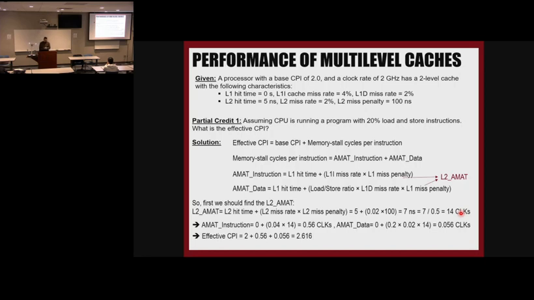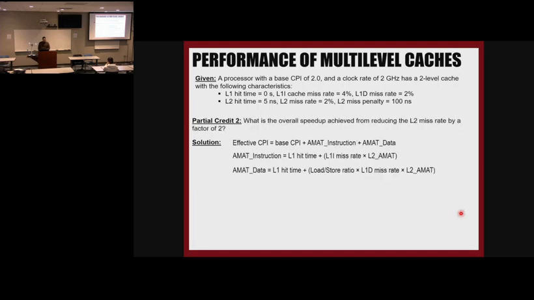Okay, so this question has a second part too. This is partial credit too. The second part is asking what is the overall speed up achieved from reducing the L2 miss rate by a factor of 2. Okay, so what's the speed up? This is the kind of question that I would like to ask from you in the final exam. Maybe in the midterm exam too, but this is about speed up now.